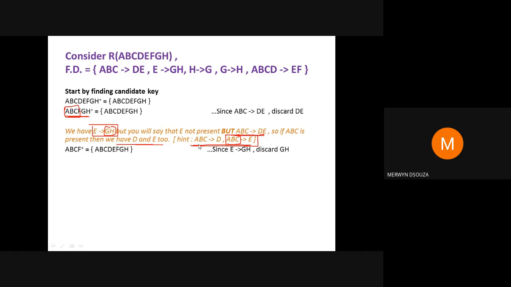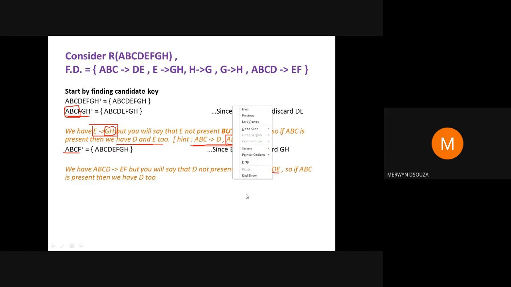Similarly we are having ABCD determines EF, but you will say that D is not present here. But we are again having this rule ABC determines DE.